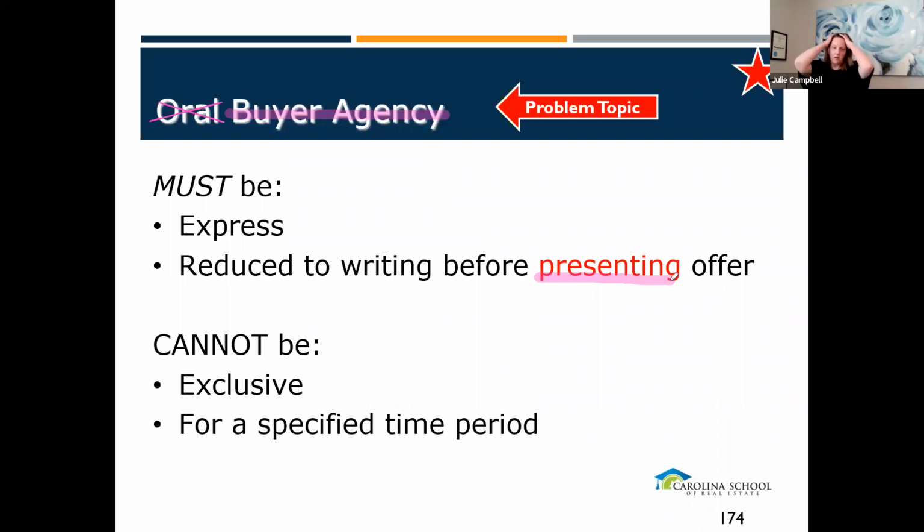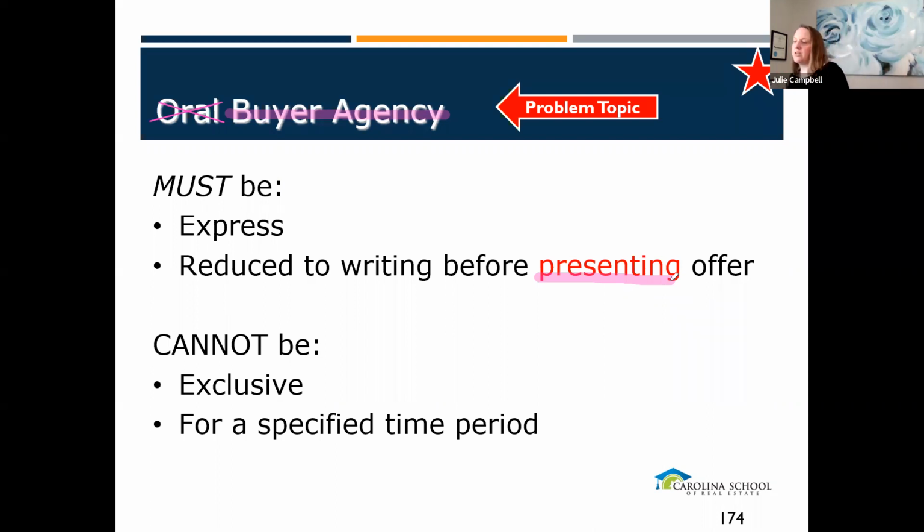Please note that word, presenting the offer. Again, I hate to say that they like to trick you, but I think where they like to trick you is you may have a question answer that says before writing the offer. Writing the offer and presenting the offer are two different things. Writing the offer means I'm filling in the blank. I'm helping the buyer decide what they want to offer, what they want their fees to be, their deposits to be.